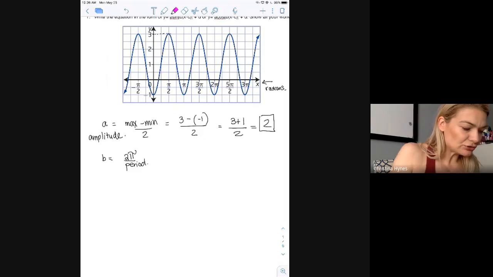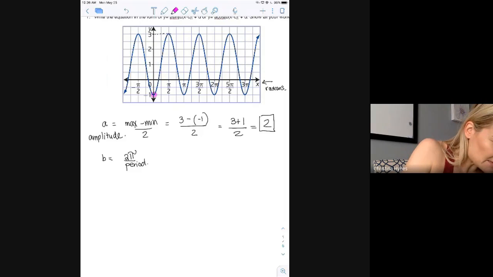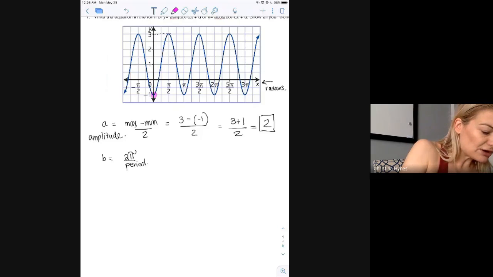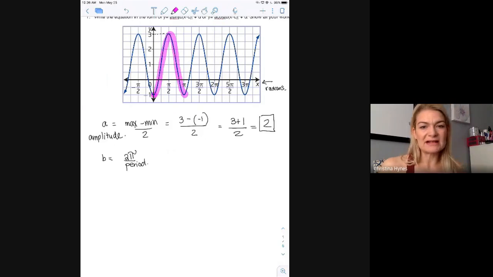If you look, I'm going to start at the y-intercept value. You're going to go all the way up to include a maximum, and then it's going to come back to, in this case, the minimum. So that's one cycle. The period is how long it takes to complete one cycle, where if you were to cut this and glue it on the other ones, it would look exactly the same.